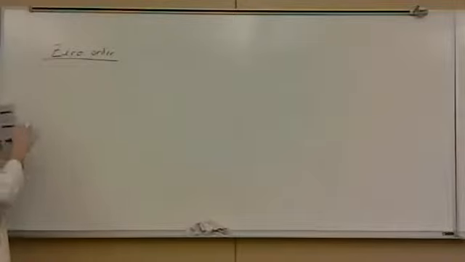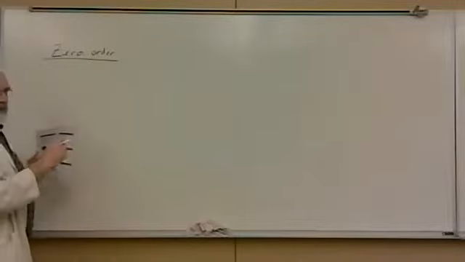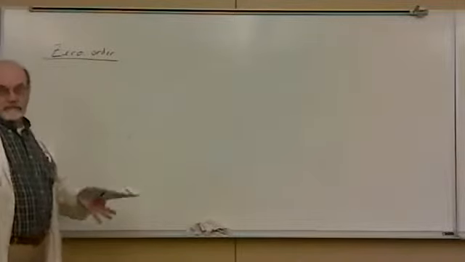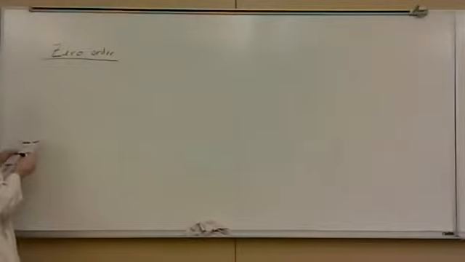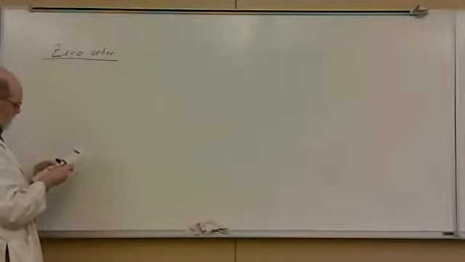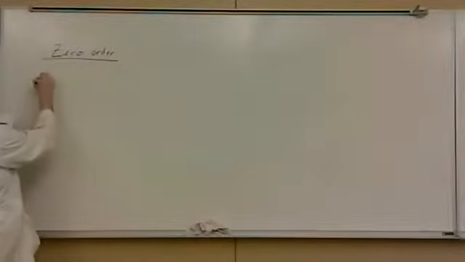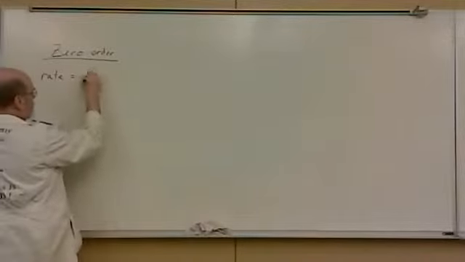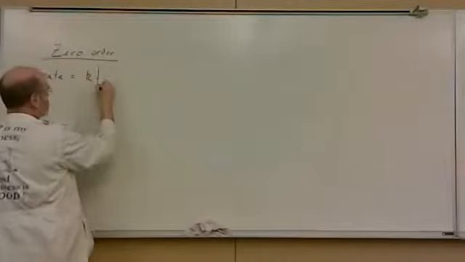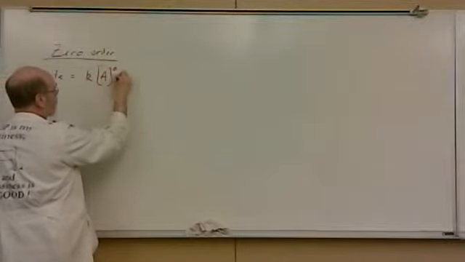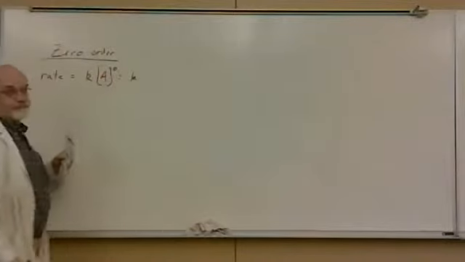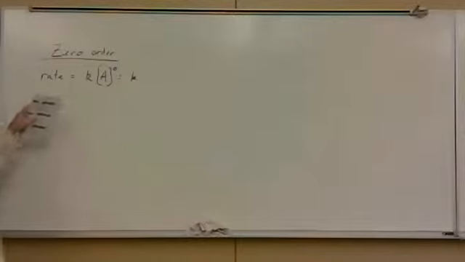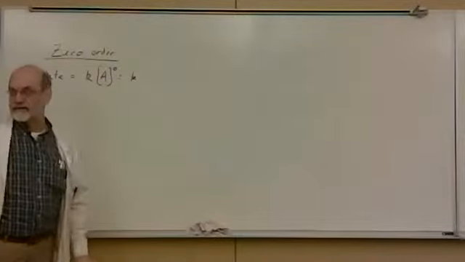And we're going to define these in terms of a single reactant, A. So if we have a reaction where A produces a product, then the rate expression for zero order is k times A to the 0, which is equal to k. Right? So for a zero order reaction, the rate is equal to the constant.